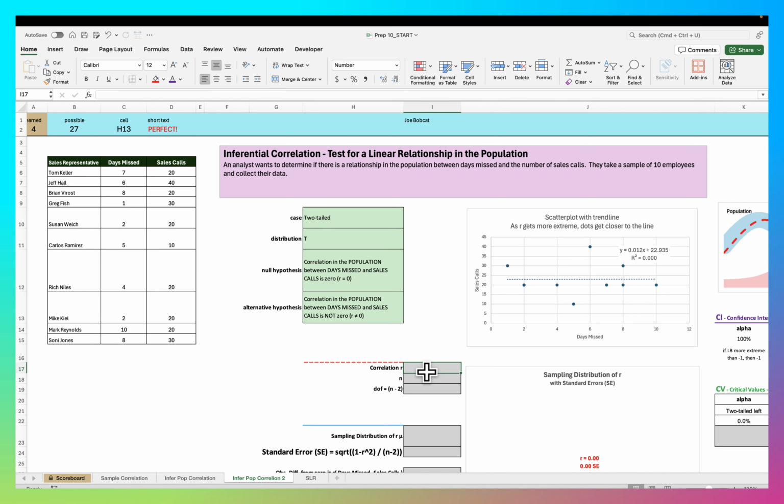So let's go ahead and calculate the correlation, which is 0.004, so not much there. And then count. And degrees of freedom is going to be the count minus 2.